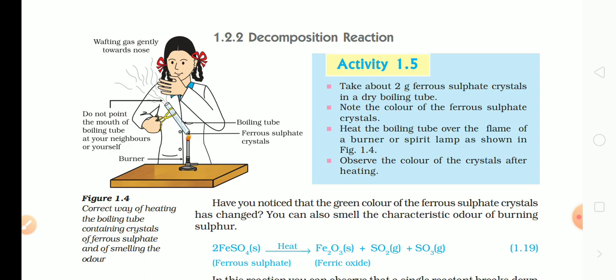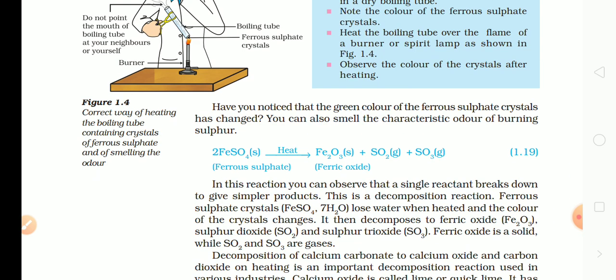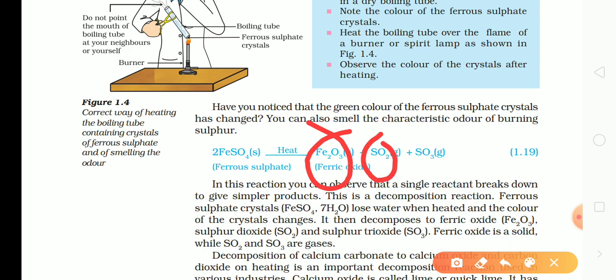After heating, the color of the crystal changed to a brownish red. What happened there? You can see the corresponding chemical equation. Ferrous sulfate decomposed to form ferric oxide, sulfur dioxide, and sulfur trioxide.